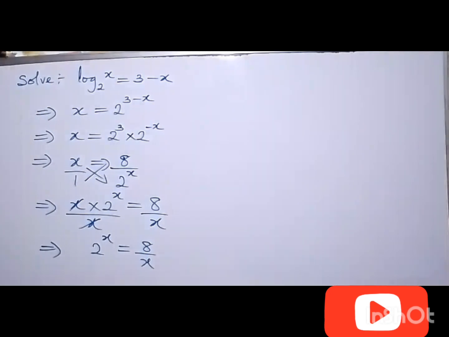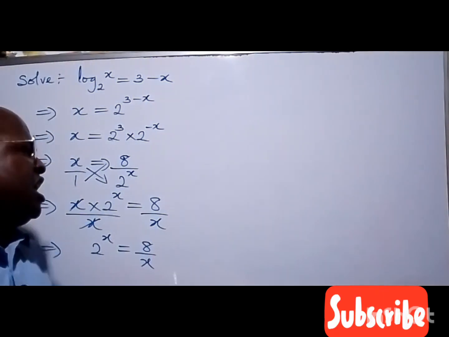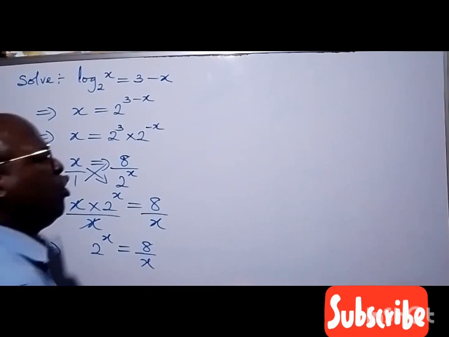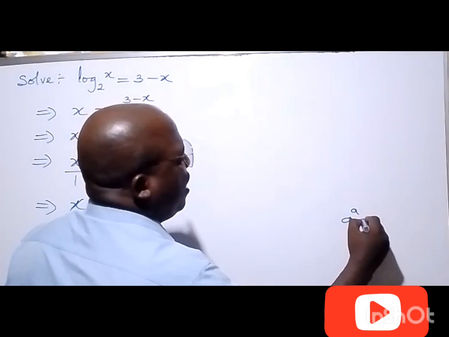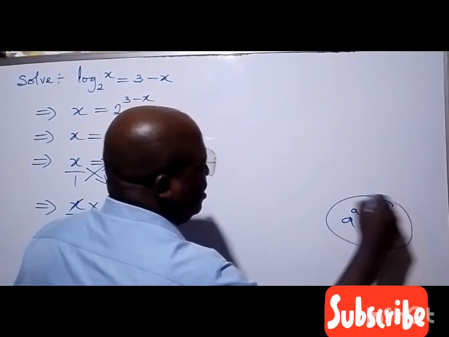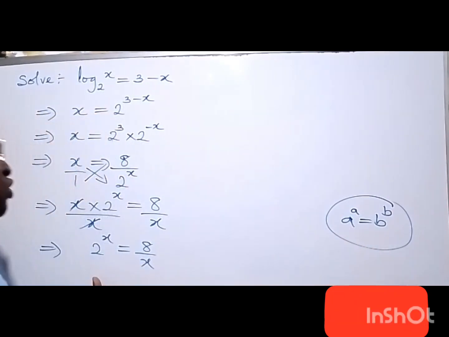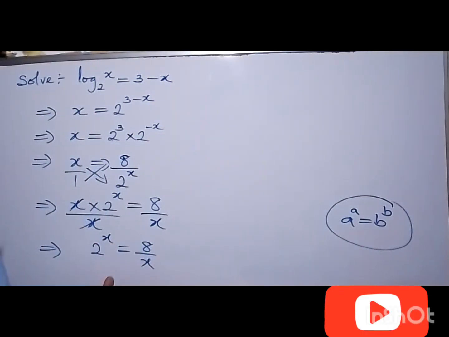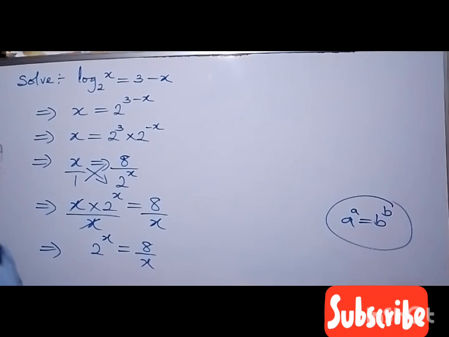The only way we can actually solve this particular question is by considering a law. I have a raised to power a is equal to b raised to power b. This is the only condition that we can use to solve this question. We are going to make both base and power on each side the same.